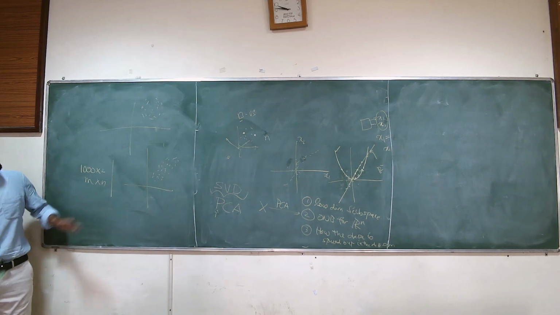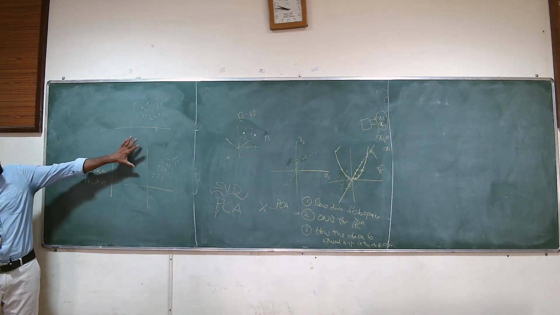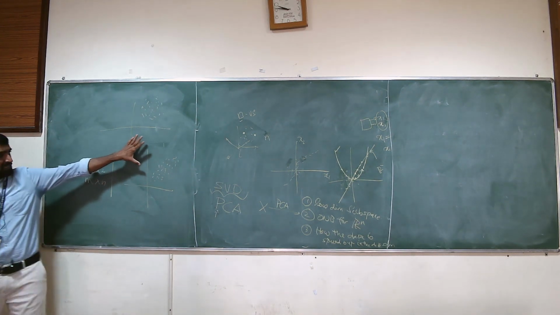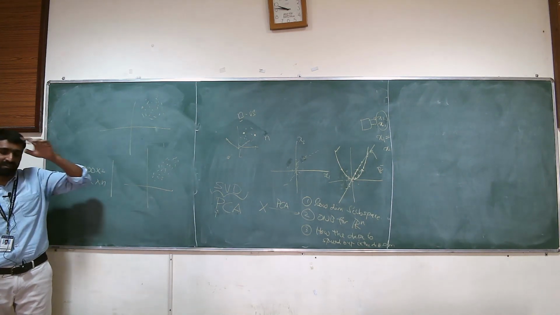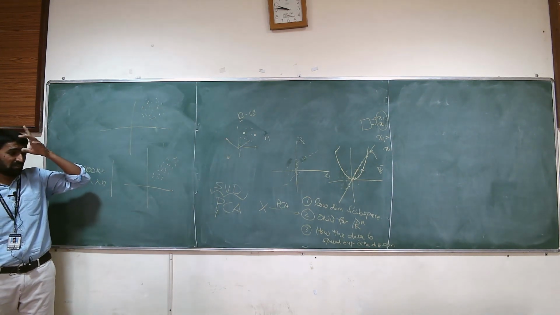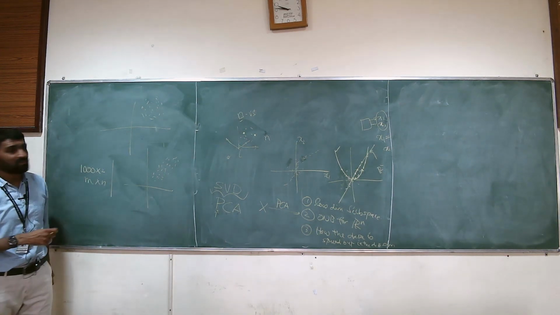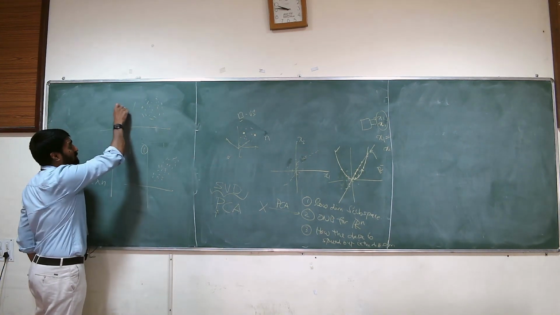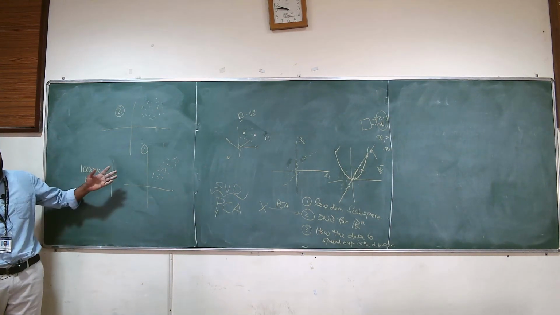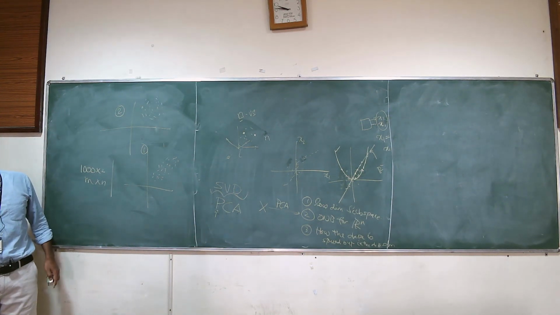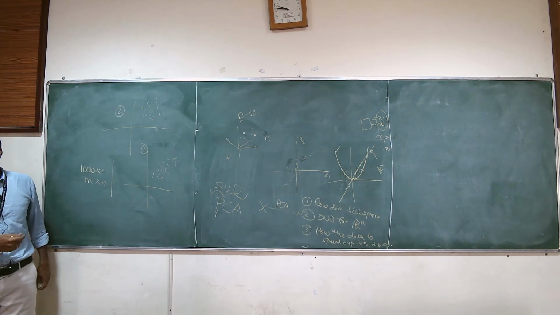And I ask you, in both these cases, which of these two situations has a lower dimensional distribution of the data compared to the other? Let's say this is experiment 1, this is experiment 2. Which one would you say has maybe a lower dimensional representation than the other one?